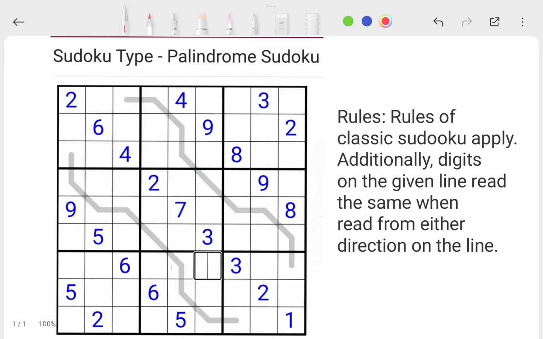No obvious clues. So we have to start with pencil marking. See the starting point of the first palindrome line.